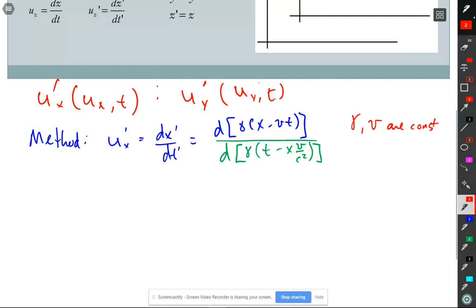Now, both of those were not with respect to anything, and so we added in with respect to dt for both of them. And then we were done.